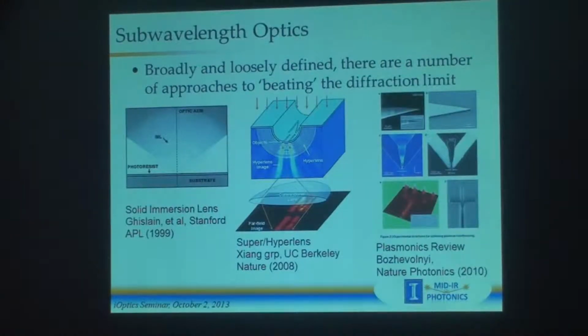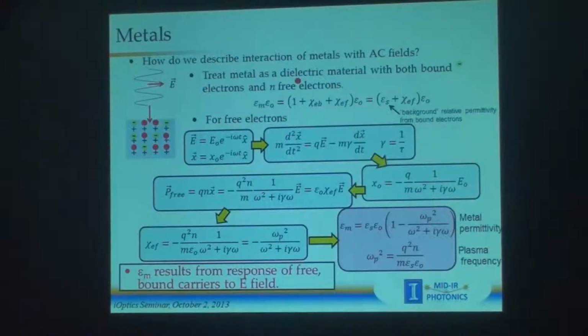Now, when you start to incorporate metal into your structures, then you can actually generate optical modes much, much smaller than the free space wavelength of light. And so you end up with things like the hyperlens from the Berkeley group or plasmonic waveguiding structures. And I've listed 2 references here. There are many, many others, right? So I'm going to talk about what these plasmonic structures are and why they're able to confine light to the nanoscale. And then we're going to talk about why they don't work in the mid-IR at least.